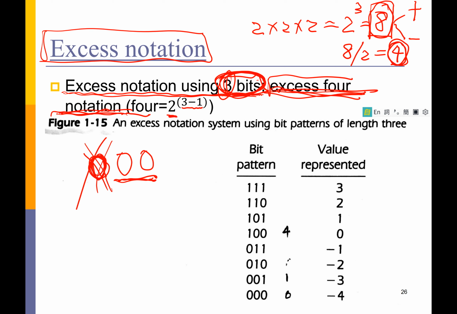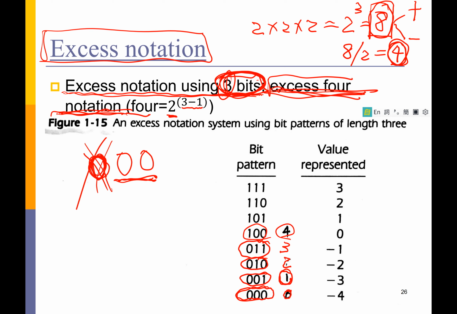Now, this binary number 000, if we change it into a decimal number, is 0. 001 is 1. 010 is 2. 011 is 3. 100 is 4.